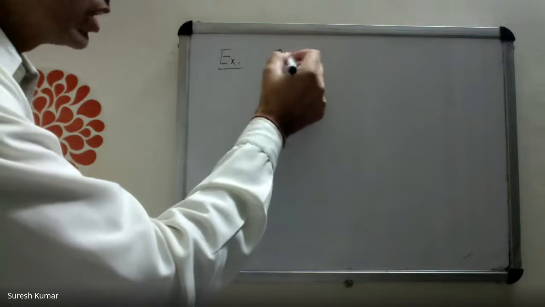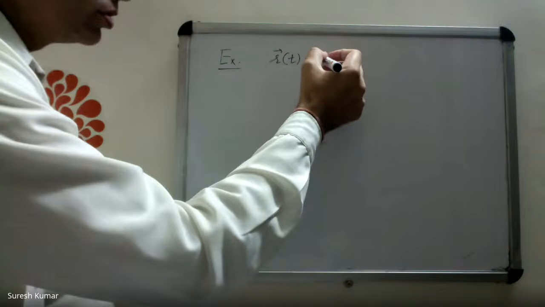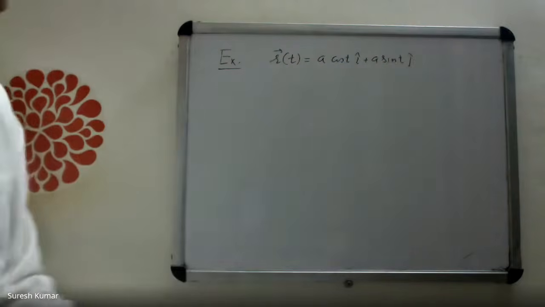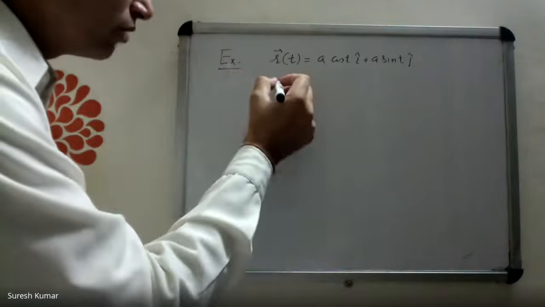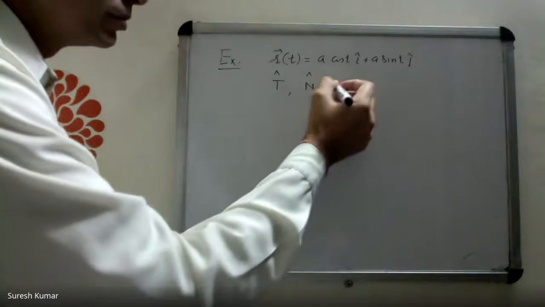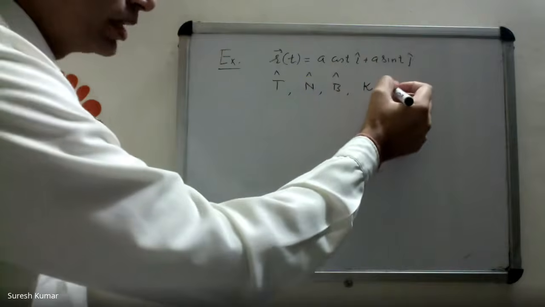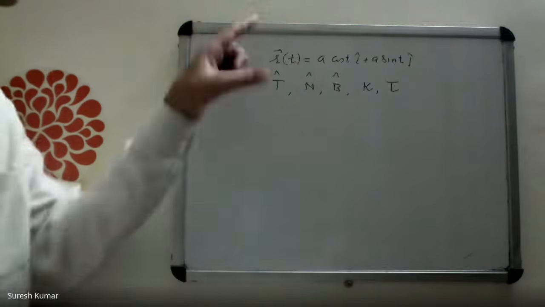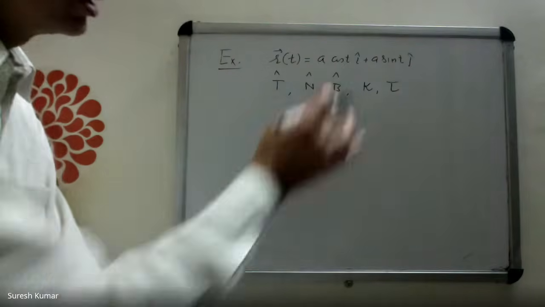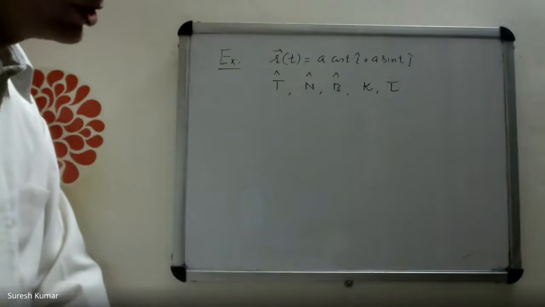First, you should try to solve it. r(t) equal to a cos t i cap plus a sin t j cap. You need to calculate 5 things: T cap, N cap, then B cap, then kappa, and then torsion. If you do it for one problem, similarly you can do it for other problems. Let's do one by one. Geometrically, you know what this curve is. It is a circle centered at origin and radius a.